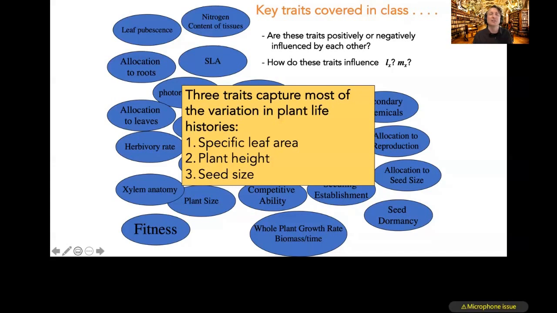These are key traits that capture a lot of the variability in life history. Differences in specific leaf area influence survivorship in a given environment. Differences in plant height also influence survivorship, but also reproduction. Differences in seed size can influence your fecundity and the survivorship of seeds, that is, your reproductive success.